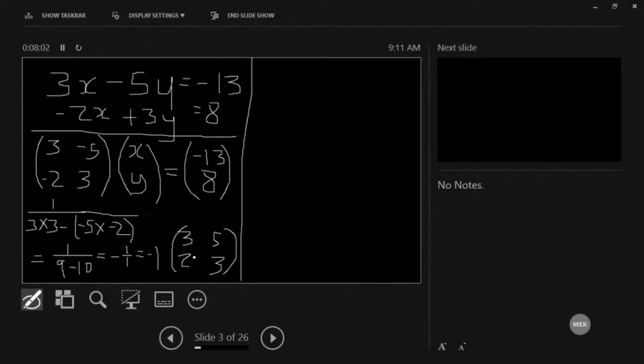So this is the inverse. All of this together is the inverse, times these two values now, the negative 13, 8, equals x over y.